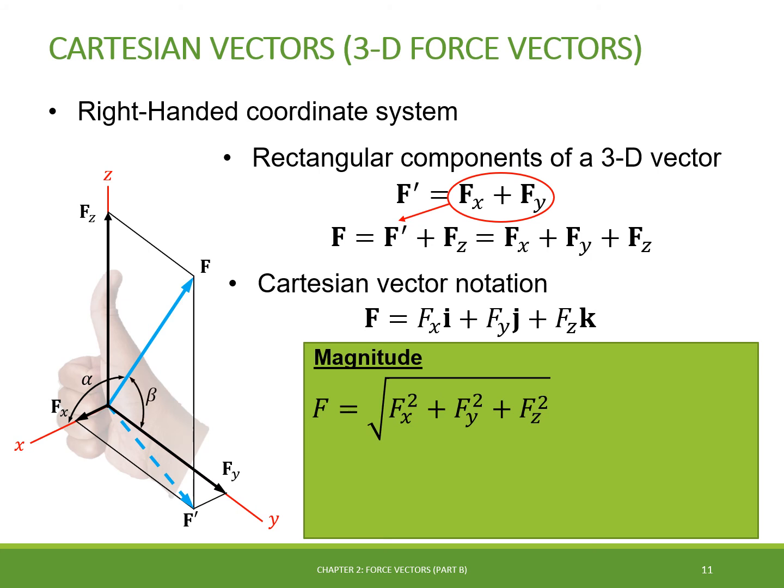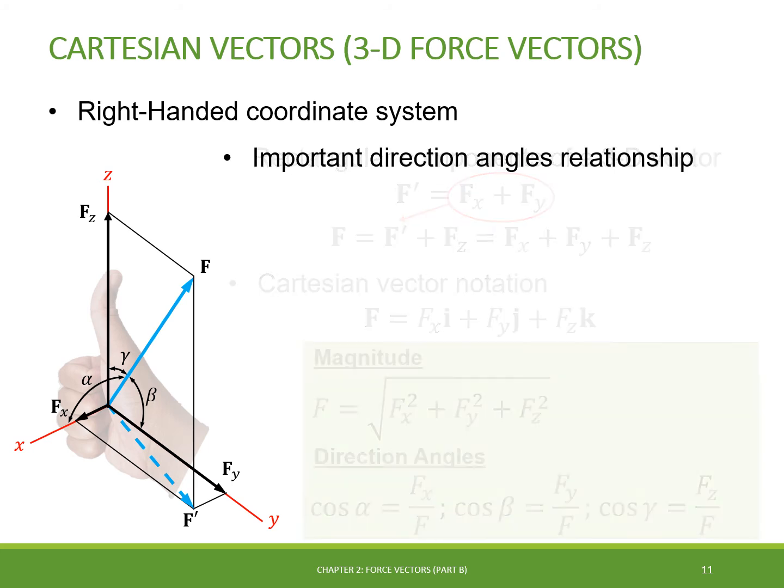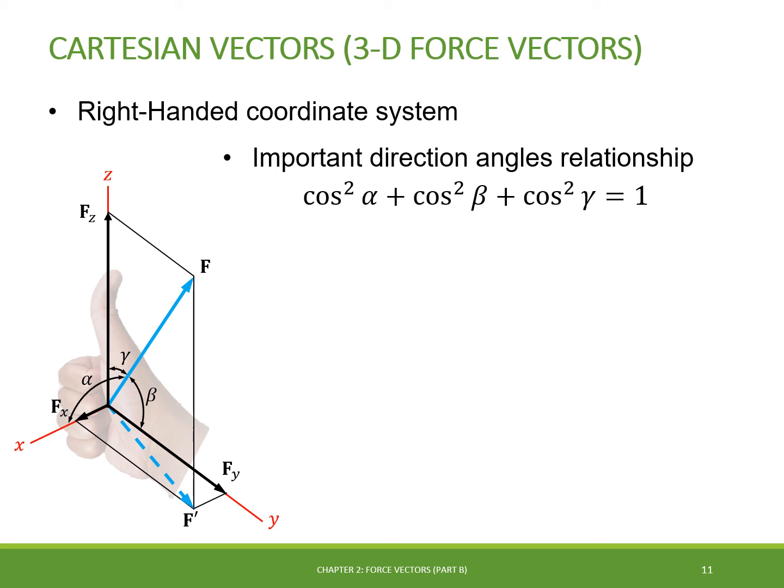Also, we can define the direction angles alpha between the force F and its component in the x-axis, beta between the force F and its component in the y-axis, and gamma between the force F and its component in the z-axis. Then alpha, beta, and gamma are calculated using the cosine relationship between the magnitude of F and its x, y, and z components, respectively.